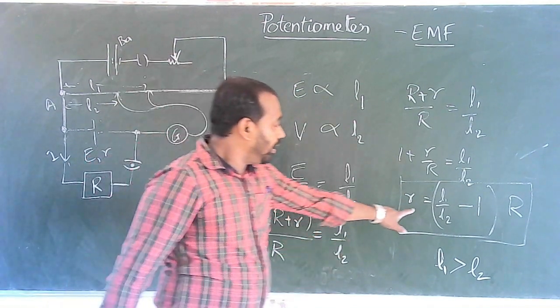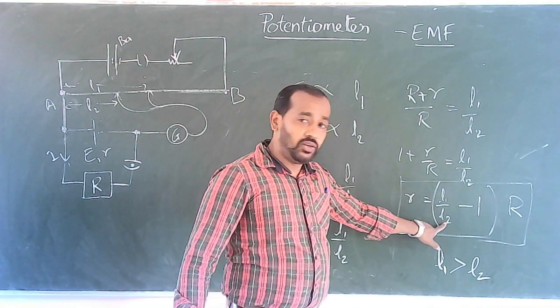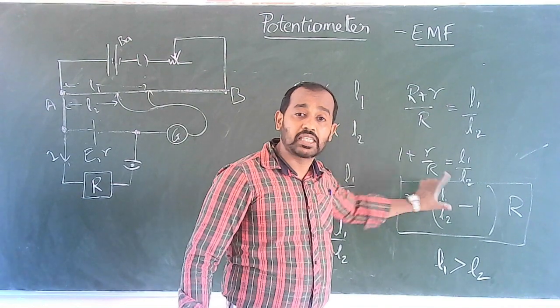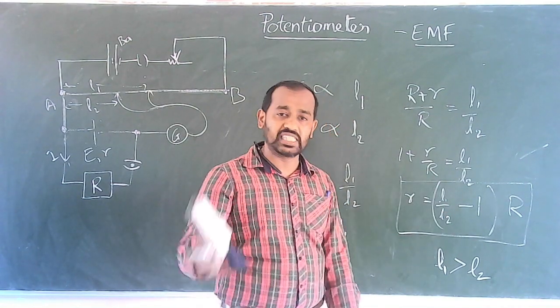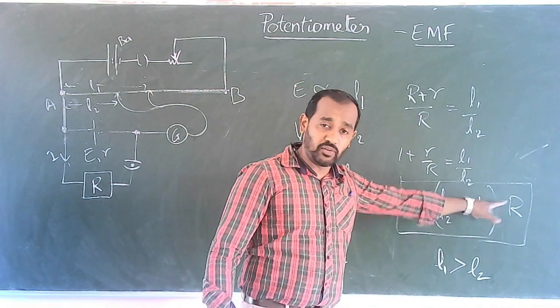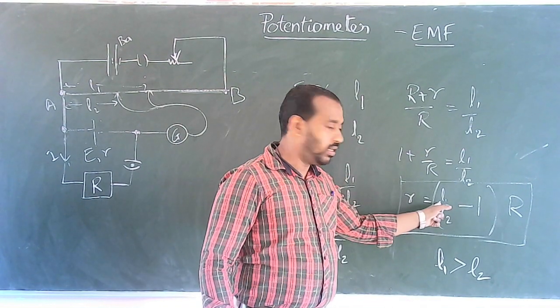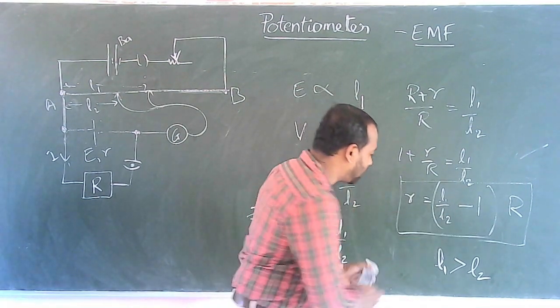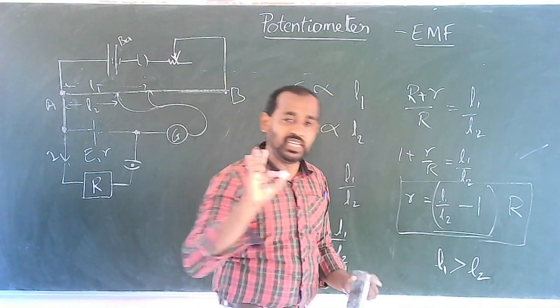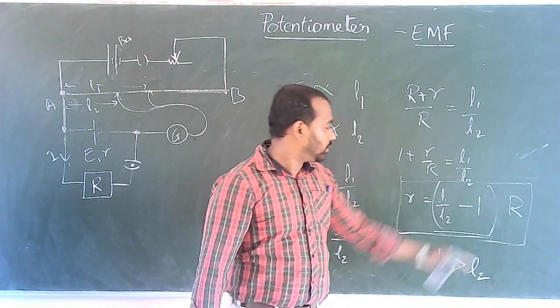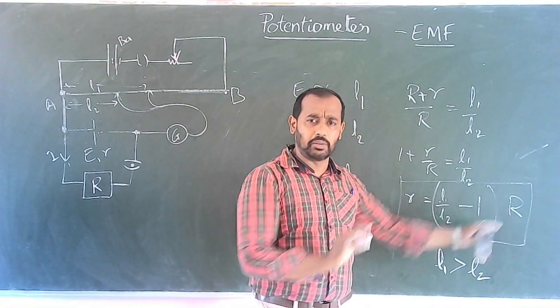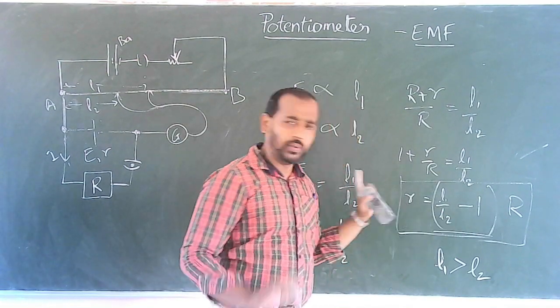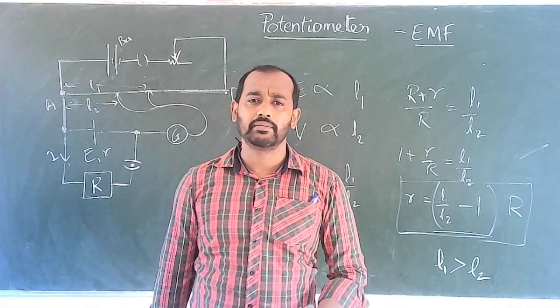Since L1 is greater than L2, L1 by L2 is always greater than 1. If we subtract 1 from that, the term written in the bracket will always be positive. And resistance capital R should also be positive. Positive into positive will be positive. So that is what we have to remember.